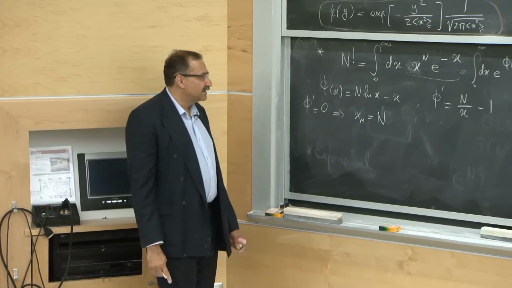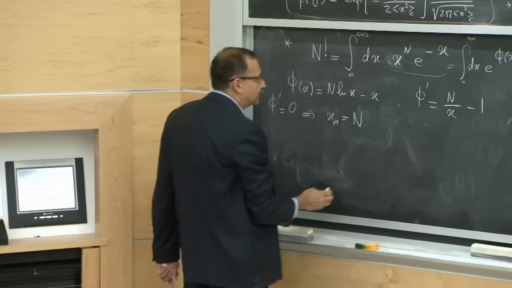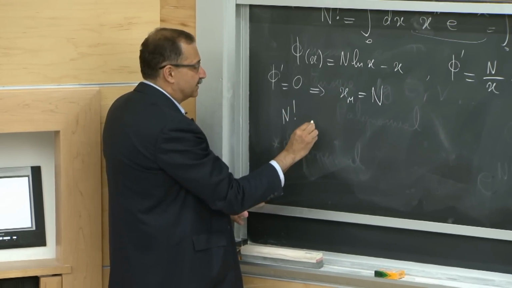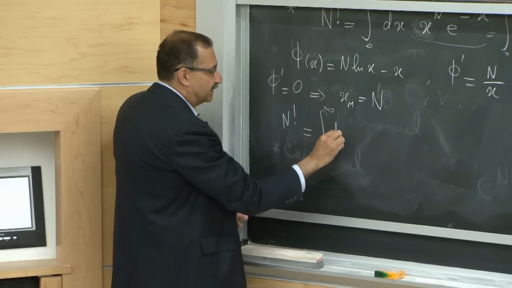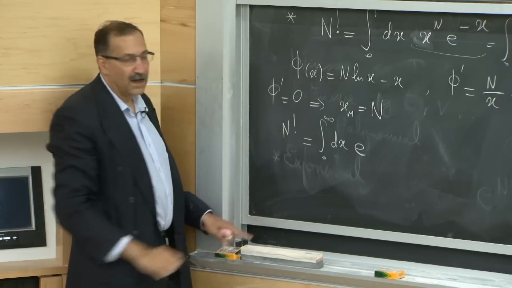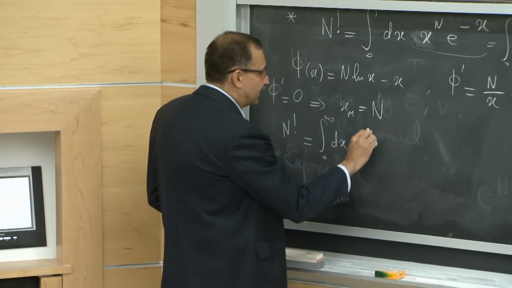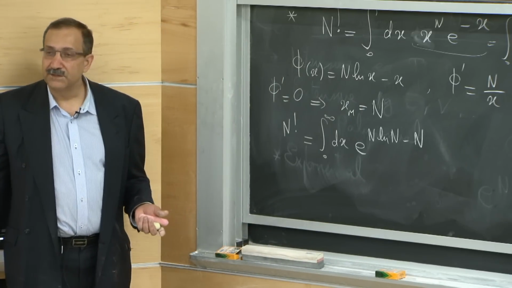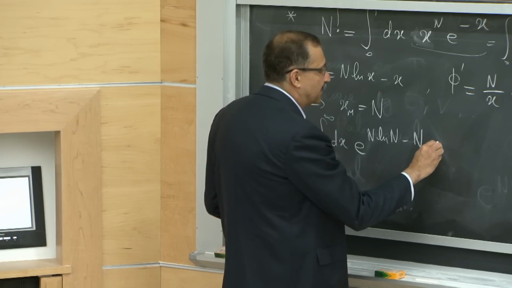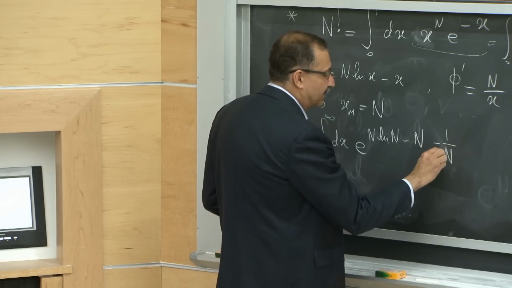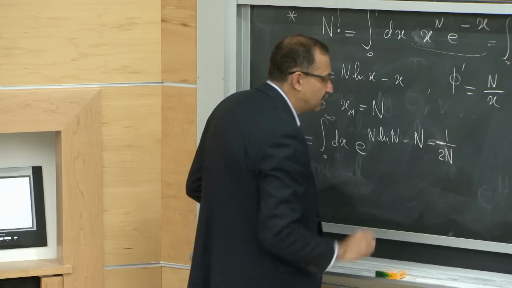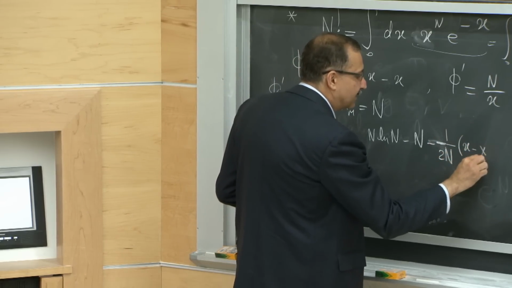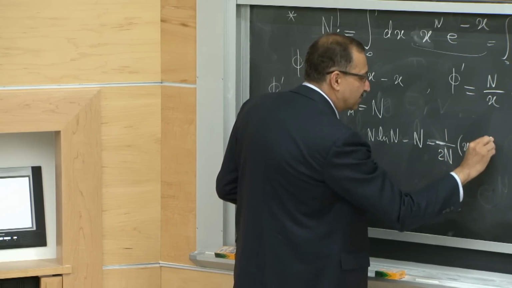So if I were to make a saddle point expansion of this, I would say that n factorial is the integral 0 to infinity dx e to the phi evaluated at x max, which is n log n minus n. First derivative is 0. The second derivative will give me minus 1 over n with a factor of 2, because I'm expanding second order. And then I have x minus this location of the maximum squared.